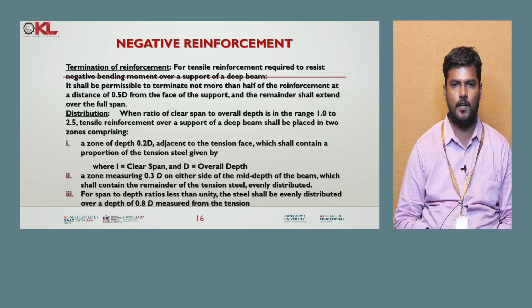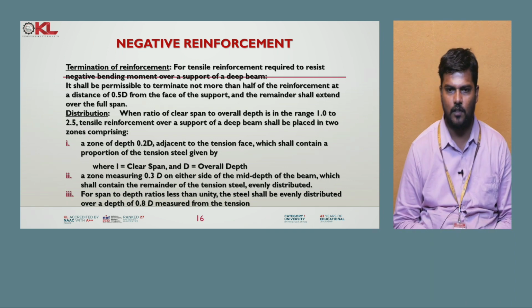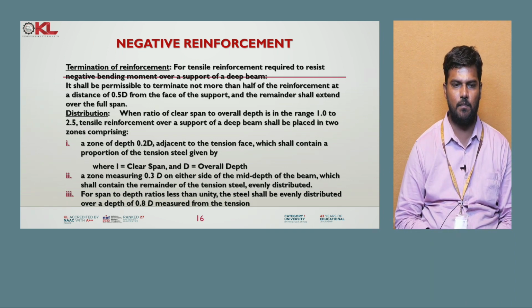If you take the negative reinforcement distribution, when the ratio of clear span to overall depth is in the range of 1 to 2.5, tensile reinforcement over a support of a beam shall be placed in two zones: a zone of depth 0.2 D adjacent to the tension face, which shall contain a proportion of the tension steel given by the expression, where L is the clear span and D is the overall depth.